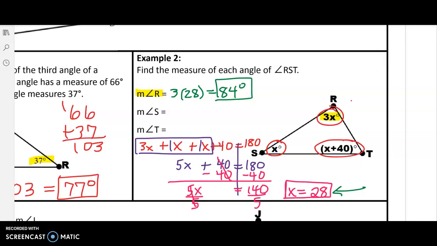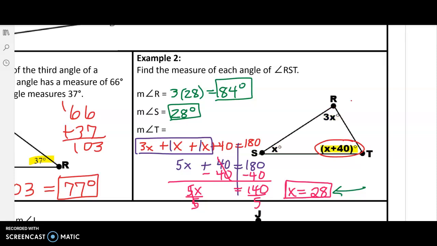Now let's find the measure of angle S. That one's really easy because angle S is just x, and we already know what x is, 28. So angle S, super easy, 28 degrees. Last but not least, we're trying to find angle T, which is right here.